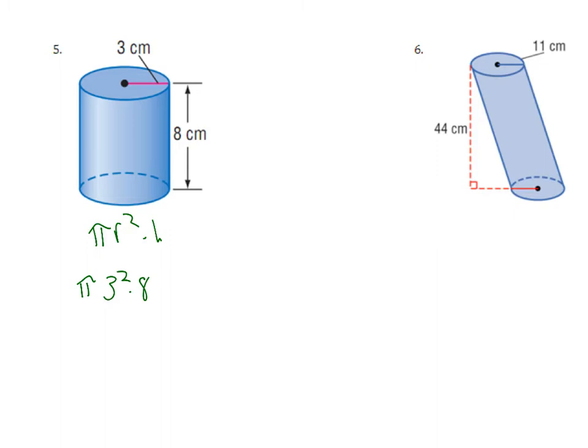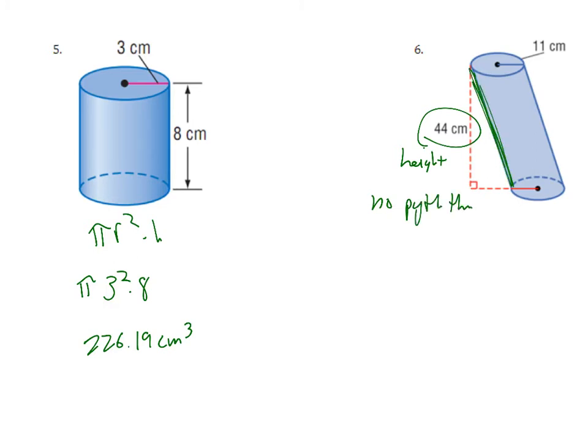That's going to be 226.19 centimeters cubed. Now for 6, 44 is going to be my height. I don't need any Pythagorean theorem to help me figure out what that is. That's not my height. 44 centimeters is my height.